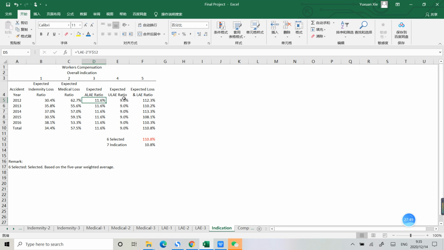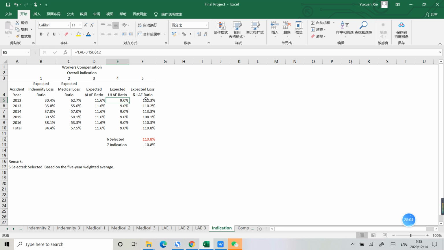And the expected unallocated loss adjusted expense ratio is from the loss adjusted expense 3 sheet, and we also choose the selected ratios.